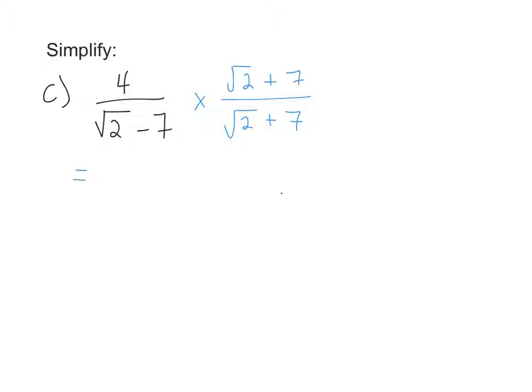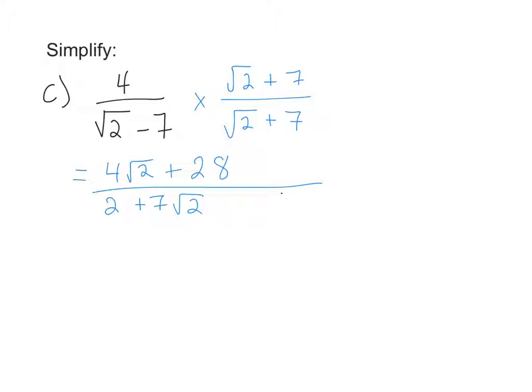We'll do 4 times root 2. So numerator by numerator, that's 4 root 2. And then 4 times 7, so it's plus 28. And then the denominator, we're going to do root 2 times root 2, which is 2. And then root 2 times 7, which is 7 root 2.